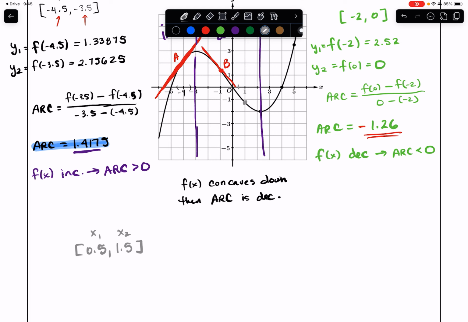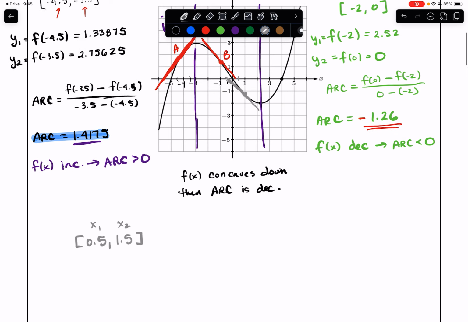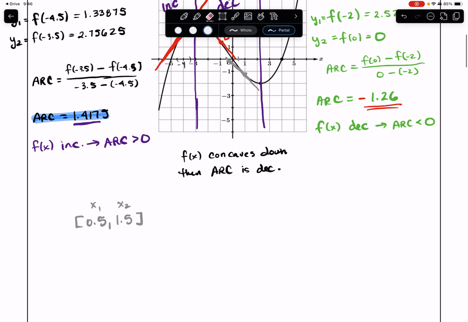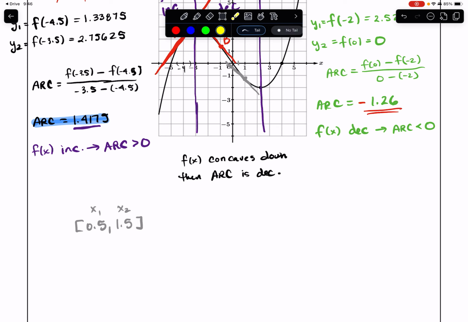So I cannot figure out the slope of the tangent line. I can estimate that value by picking 2 points close to it. Okay, so let's figure out the average rate of change and estimate the instantaneous rate of change at 1 by picking 2 points close to it.